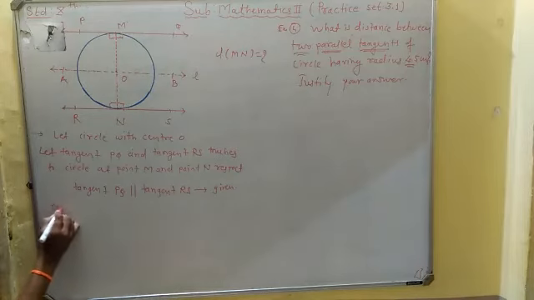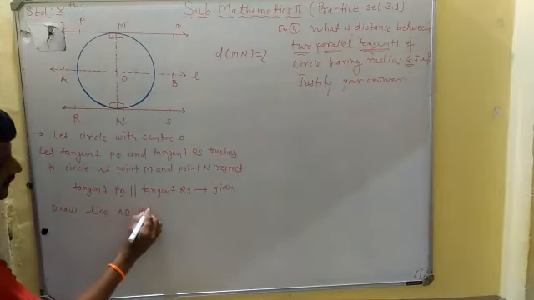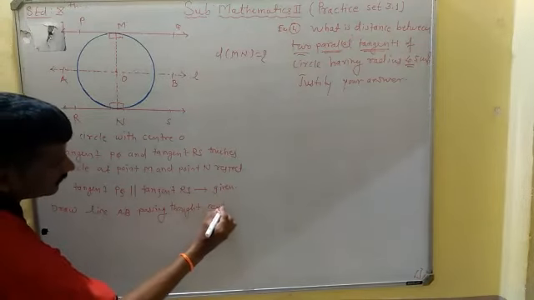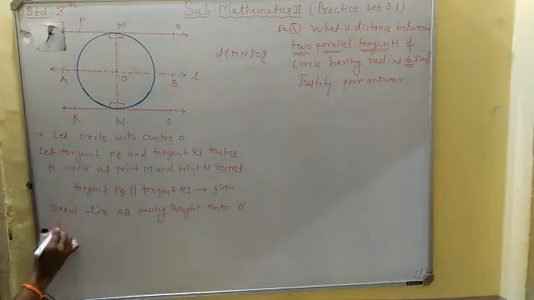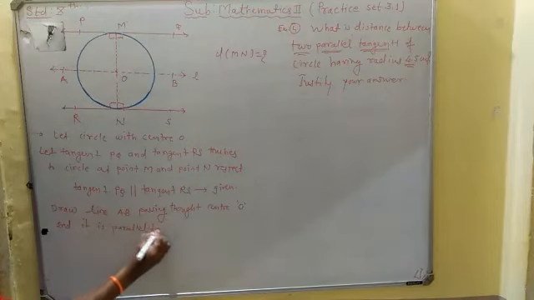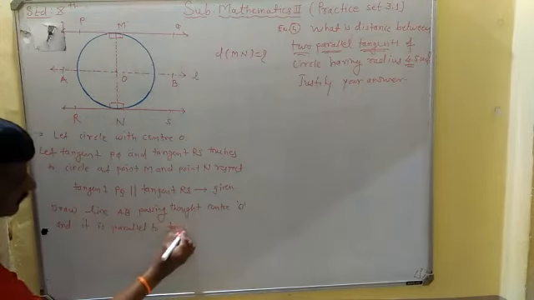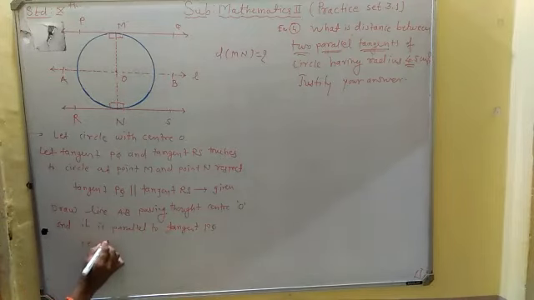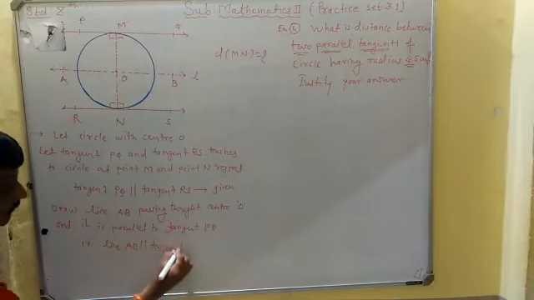Draw line AB passing through center O, and it is parallel to tangent PQ. Okay, that is, line AB is parallel to tangent PQ.